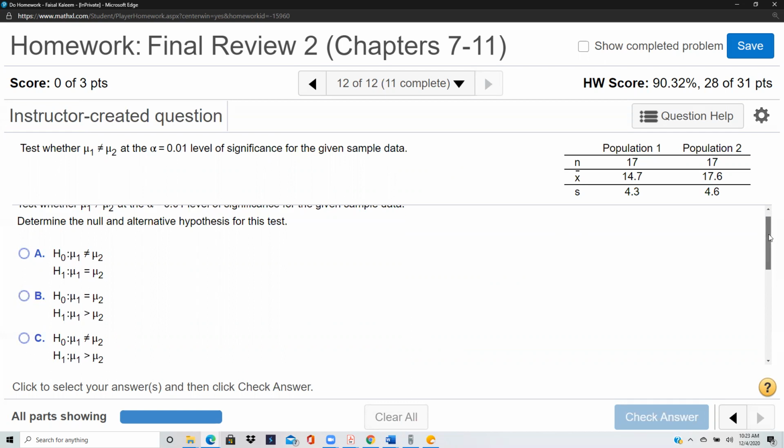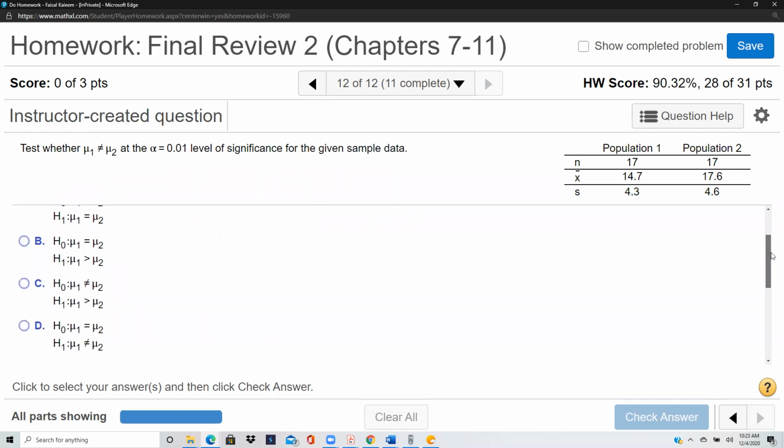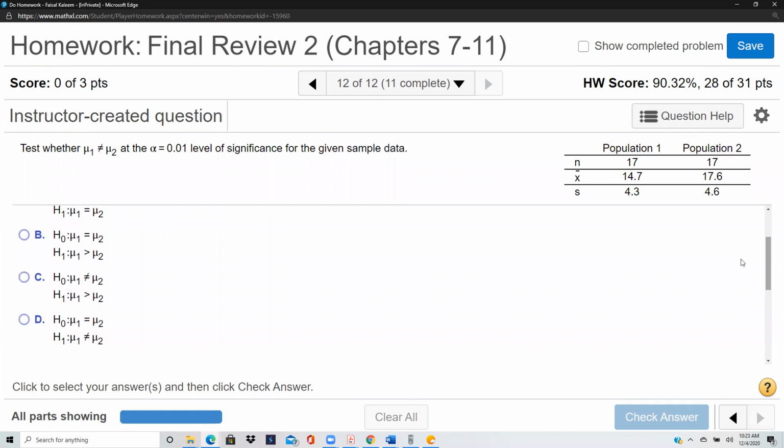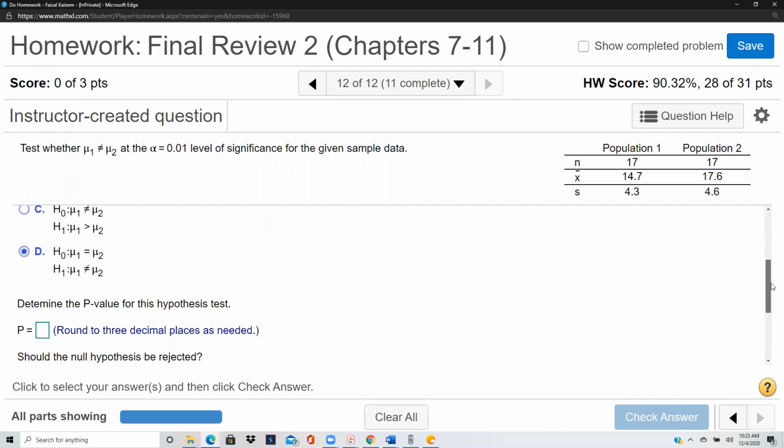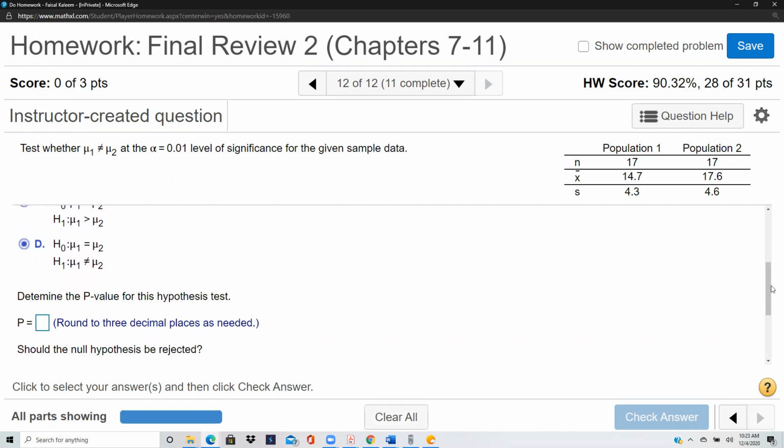So it's probably going to be D. Yeah, I couldn't see it, but yeah, it is. And then how do we find the p-value? We're going to use T stats since up here it's using the mean symbol. Yeah, you finally got it right in the last problem.